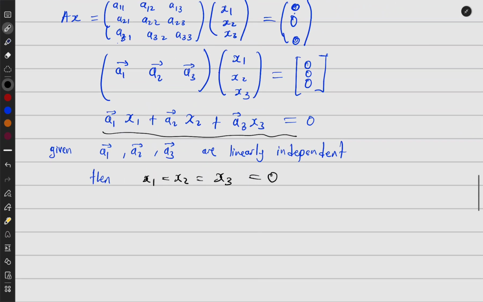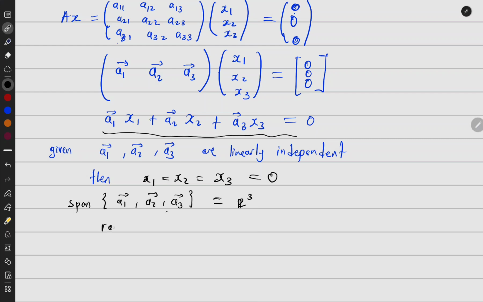So this shows that the span of the three vectors A1, A2, A3 is R3. Since they are linearly independent, any vector in R3 can be written as a linear combination of these, so they span R3.